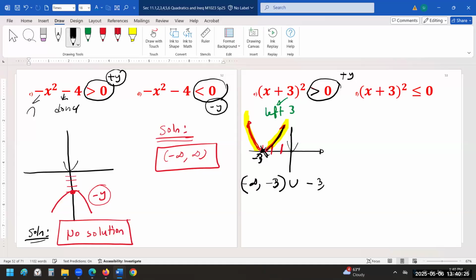Negative 3 until positive infinity. Because when x is negative 3, what is y? 0. But are they looking for 0 y? They are looking for only positive y. Yes, negative 3, but parentheses. Parentheses means we cannot take negative 3. Parentheses means not included. Bracket means included.